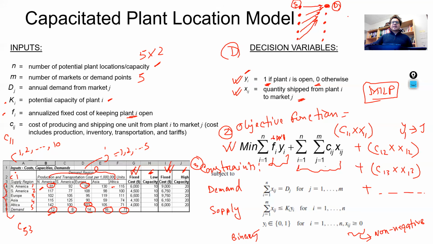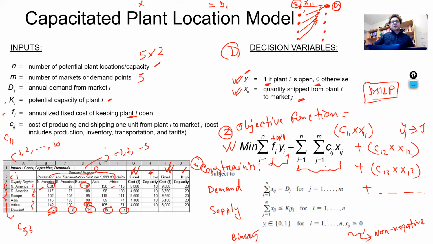So here we are saying that the demand of D1 has to be met by all the supply it will get. For example, the supply from S1 to D1 we will call X11.